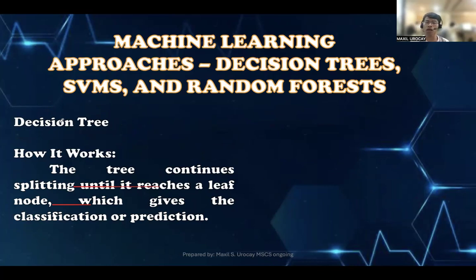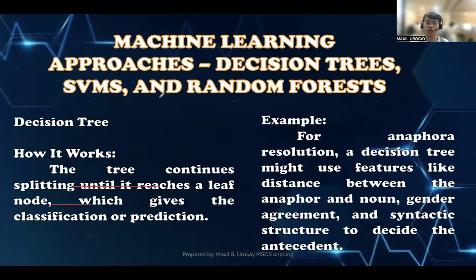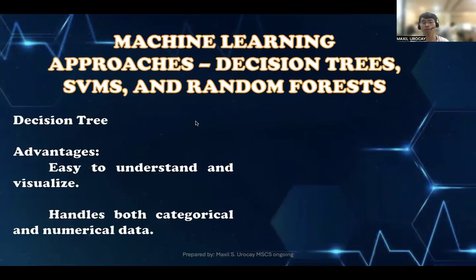For anaphora resolution, a decision tree might use features like distance between the anaphor and noun, gender agreement, and syntactic structures to decide the antecedent. An example could be using the distance between the pronoun and noun phrases to classify the antecedent. So those are the things which are really applicable here.